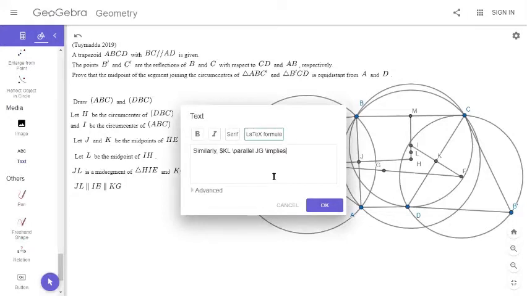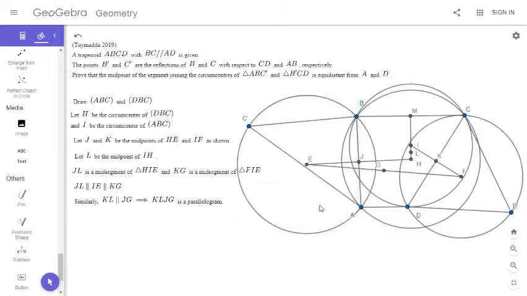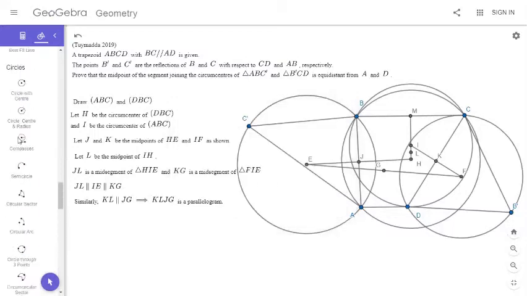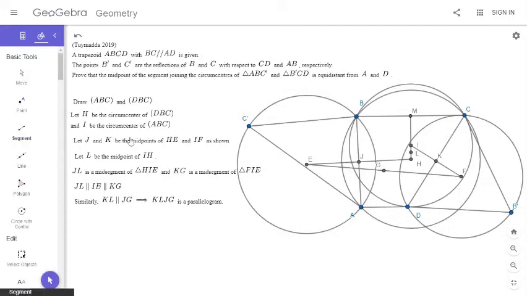And that means that KLJG is a parallelogram. All right. So we could draw that in. And yeah, the midpoint of JK, so now it's starting to overlap stuff, but L is the reflection of G across the midpoint of JK.